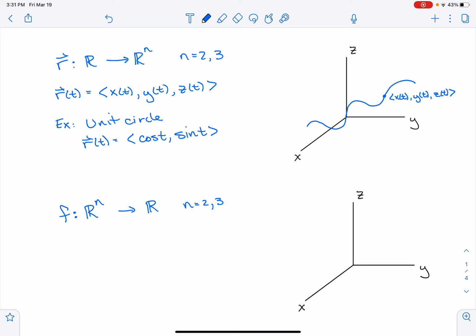For example, we had functions that we could think of as being z equals a function of x and y. This gave us some sort of surface in 3 dimensions. For every point x and y, we could have a corresponding z point, and that would trace out a surface in 3 dimensions.